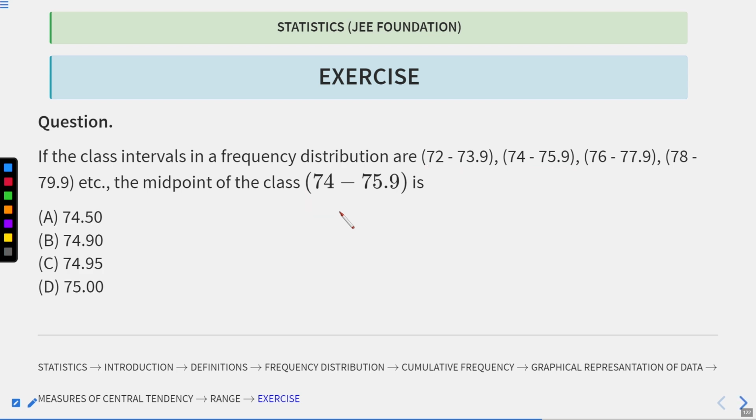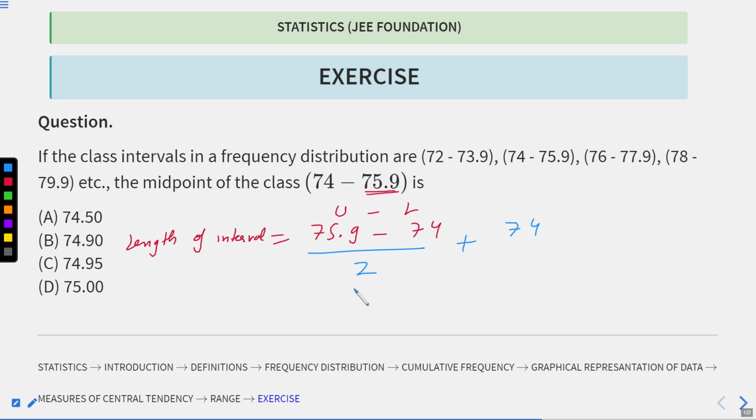The upper limit minus the lower limit gives the length of the interval. Then I divide it into equal parts and add the lower limit to it. This will be my midpoint.